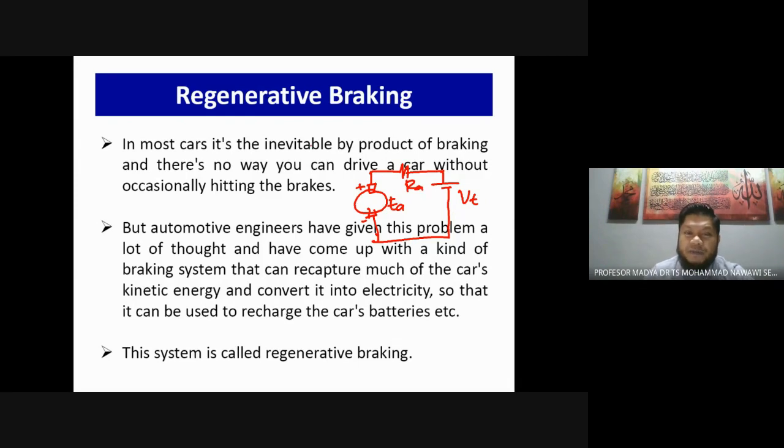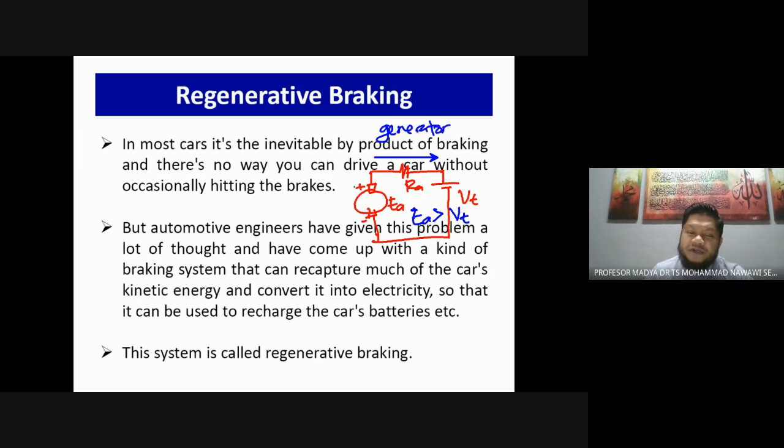During braking, the current actually moves in that direction, which means EA is higher than VT, isn't it? So in this case, you are operating it as a generator.